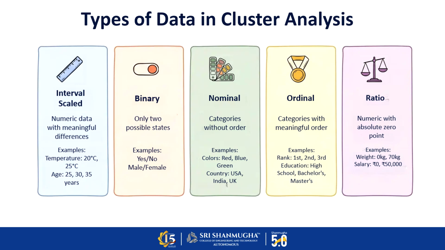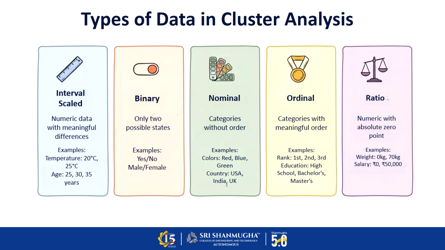Most common in scientific measurements. Okay, second one is binary data. Data that can only take one of two possible values: yes or no, true or false, male or female, encoded as 0 or 1, disease present or absent. So binary data is in the simplest form.